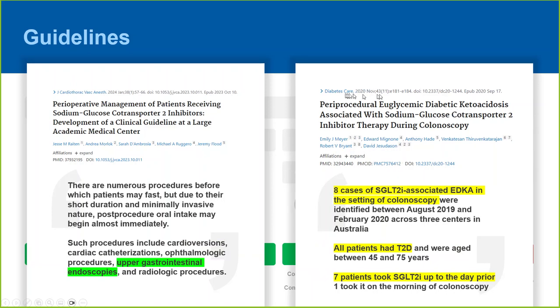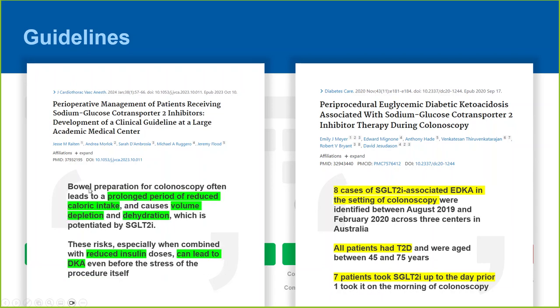And here we see the case series from 2020, where they report 8 cases of SGLT2-associated euglycemic ketoacidosis in the setting of colonoscopies. Here they note that all of the patients had type 2 diabetes, and 7 of the patients had been taking their SGLT2 inhibitors up until the day prior, with one having taken it the morning of the colonoscopy.